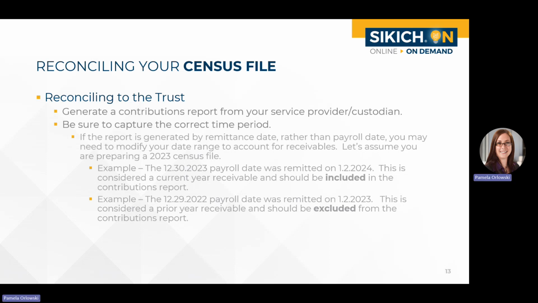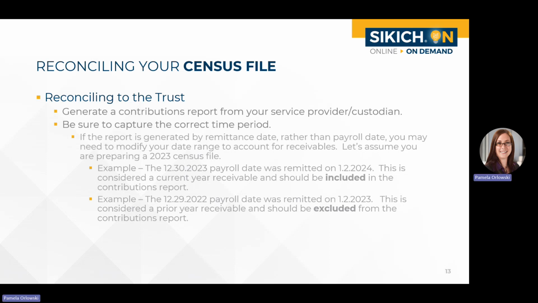So that last payroll of 2022 was actually remitted in 2023. So receivables in benefit plans can be a little bit confusing because this is different than your standard payroll receivable for accounting. So for benefit plans, we are looking at that last payroll date of the year and when that was remitted to the plan.